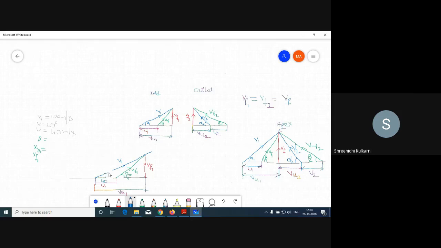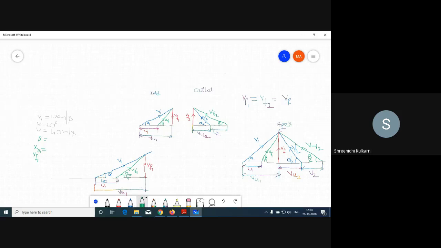Join this. So this is alpha 1. Next, I want to draw the outlet velocity triangle from beta to beta, next from alpha to alpha.